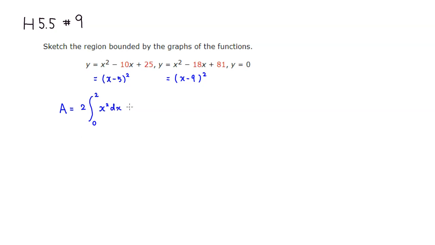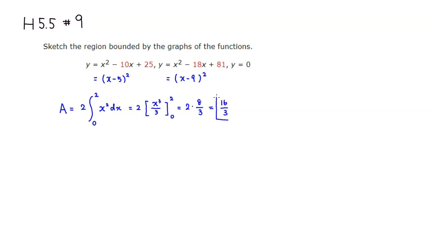Then we can simply find an antiderivative, which is x cubed over 3, going from 0 to 2. This is going to be 2 times plug in 2, so 2 cubed is 8 over 3, and plugging in 0 is 0, so I'm not going to even write that. So this is going to be 2 times 8, which is 16 over 3.